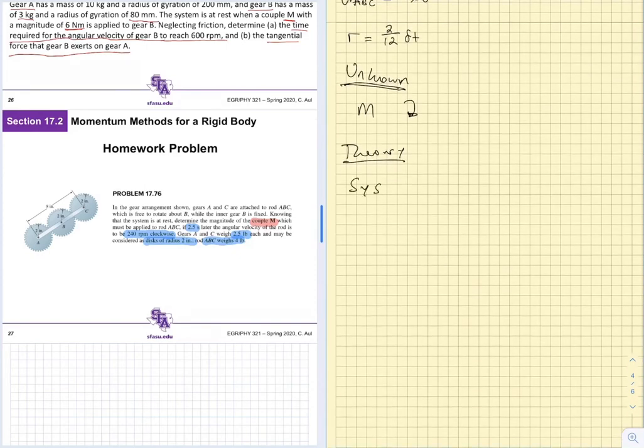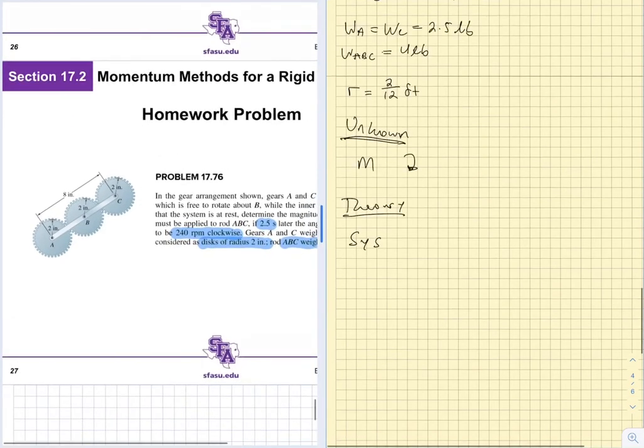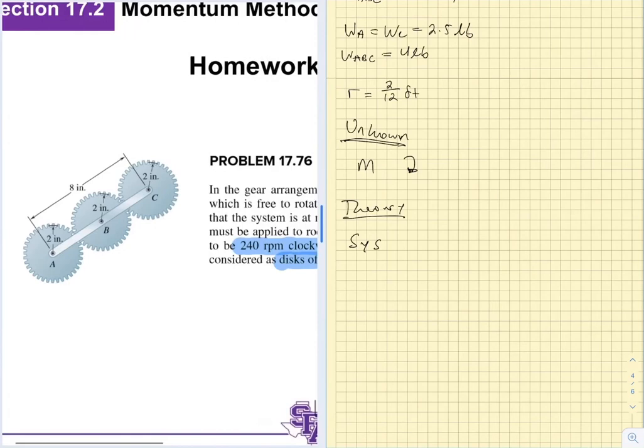The single unknown is the moment M, which is going to be going in a clockwise direction.